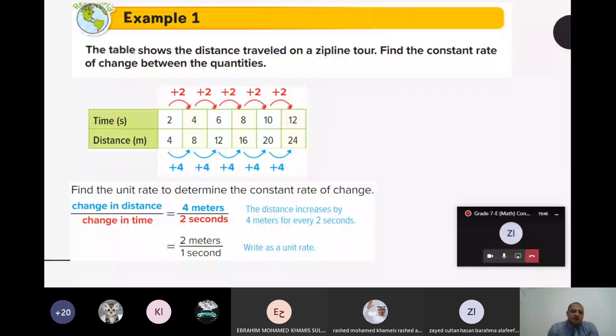The change in distance is always 4 and the change in time is always 2. So 4 divided by 2 is the constant rate of change, which is 2 meters per second.